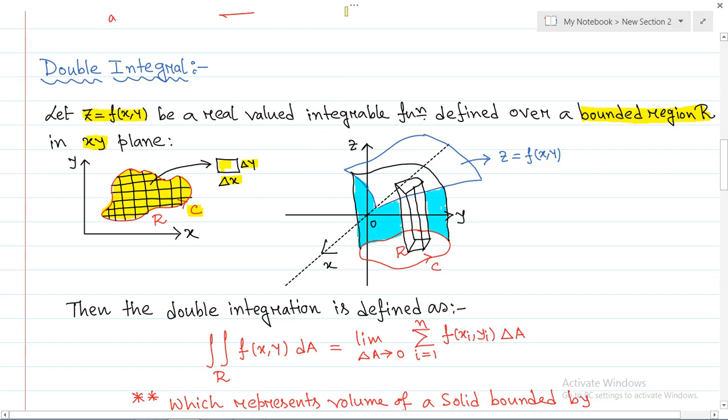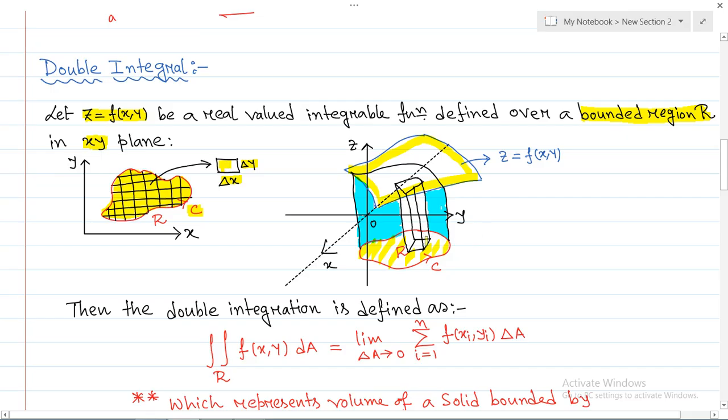Now to imagine z equals f(x, y), here I have drawn one surface, z equals f(x, y). This surface we have to integrate over the region R, which is situated in the xy plane. How to perform this? Suppose we think about this particular rectangular box or grid in the xy plane.